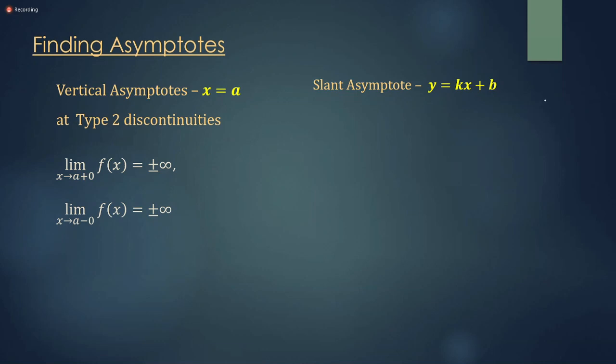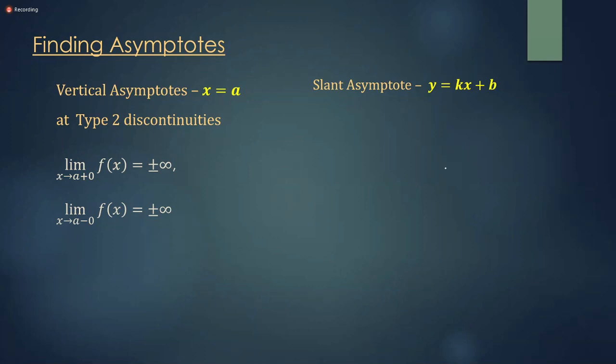You remember that in analytic geometry we had different ways of writing down an equation of a line, but in calculus we view y as dependent on x, so we write the asymptotes in this form.